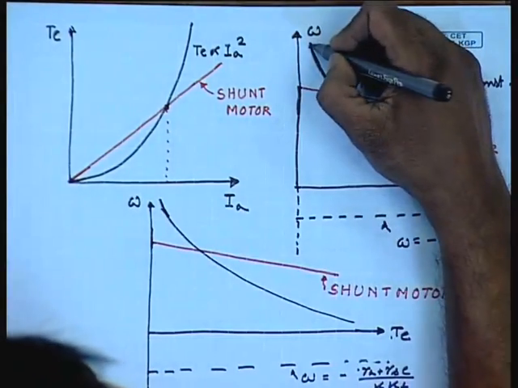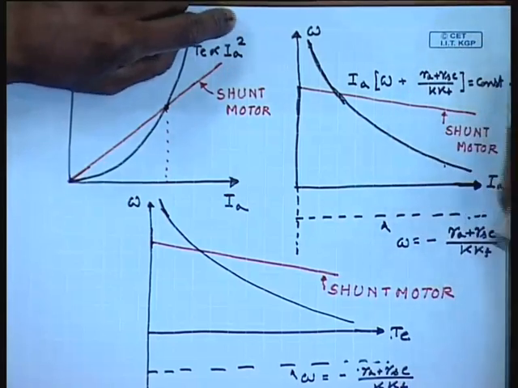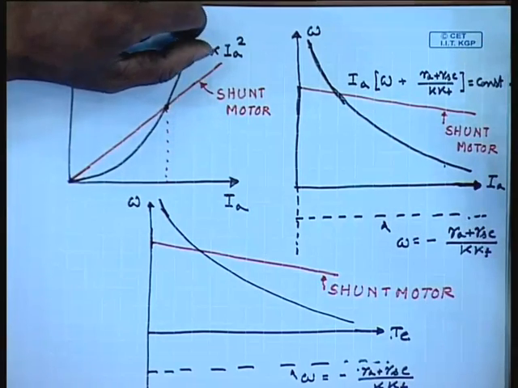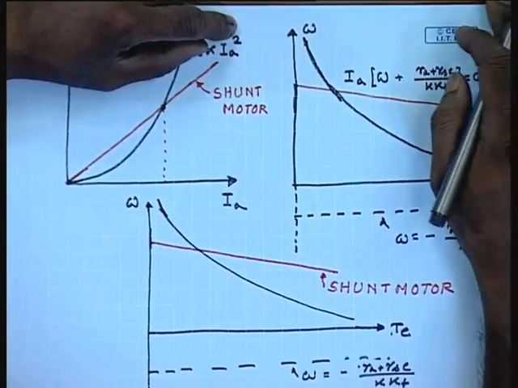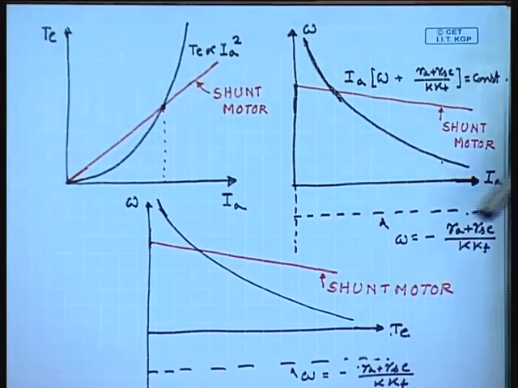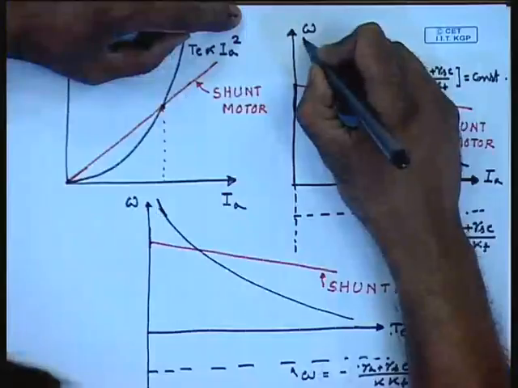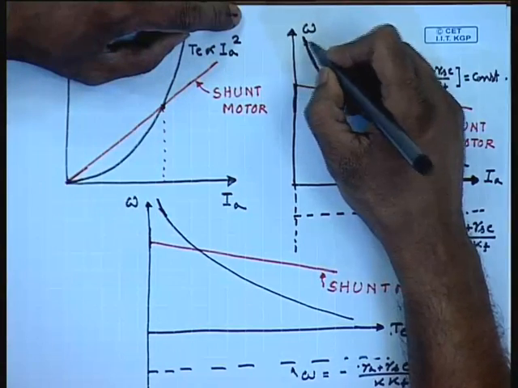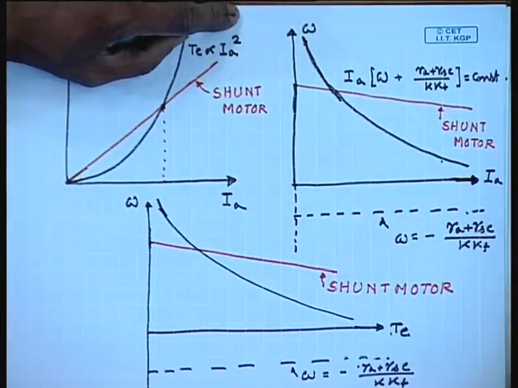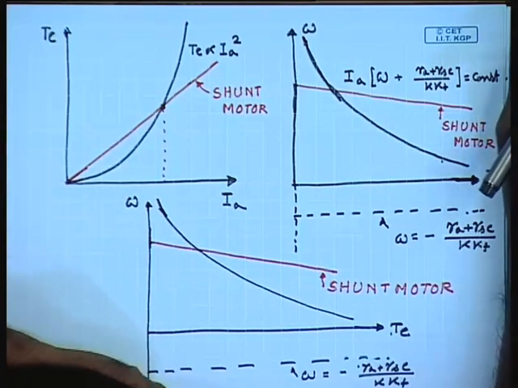That means, as the load on the motor is reduced, the speed tends to increase dangerously, and there is as such no finite no load speed of this series motor. Therefore, a series motor should never be run on no load, as the speed can rise to a very high value, which can be dangerous.